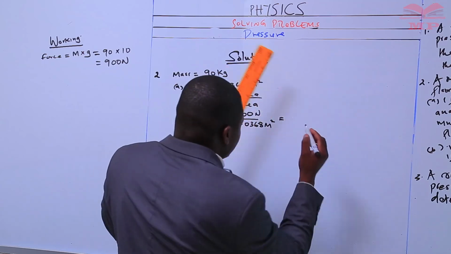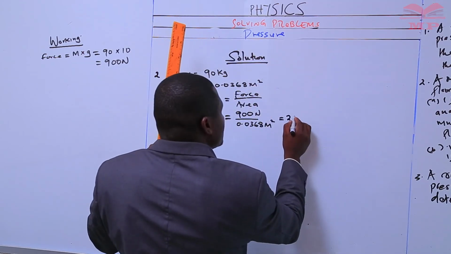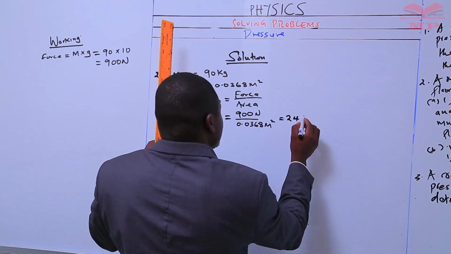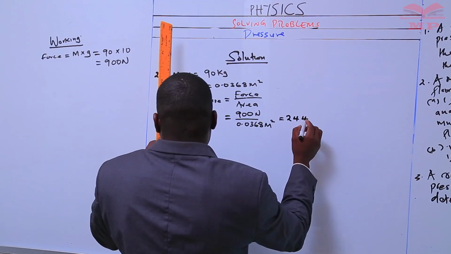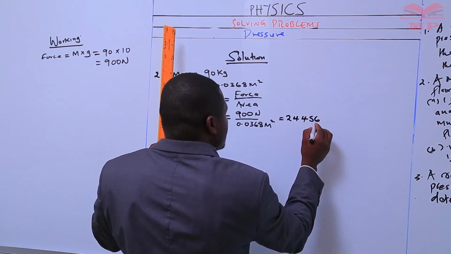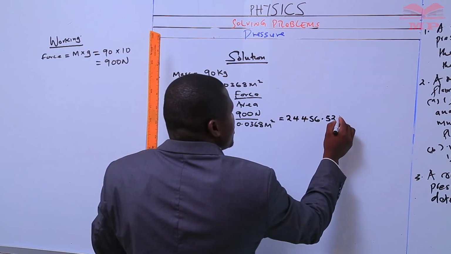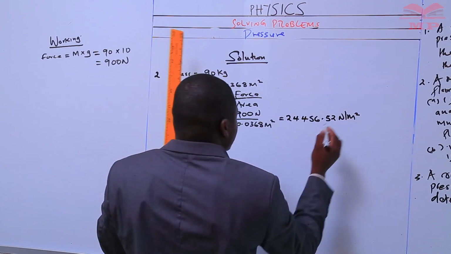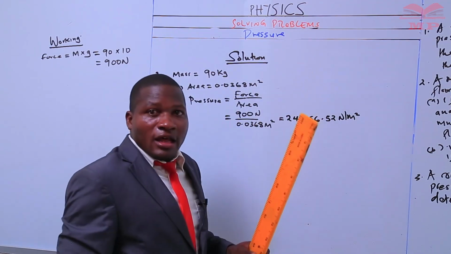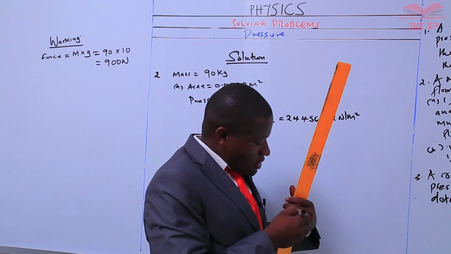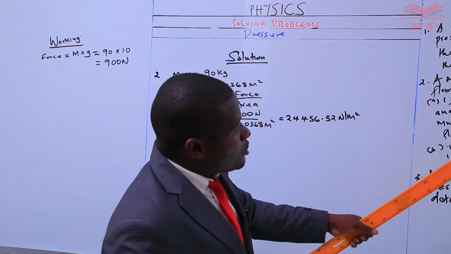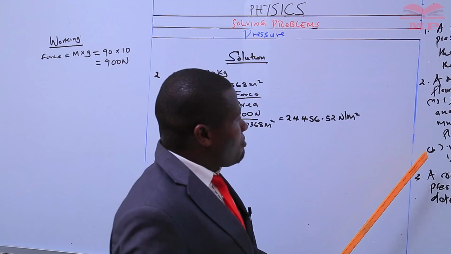It gives me 24,456.52 Newton per meter squared. That is the pressure that is supposed to be exerted. Then part B.